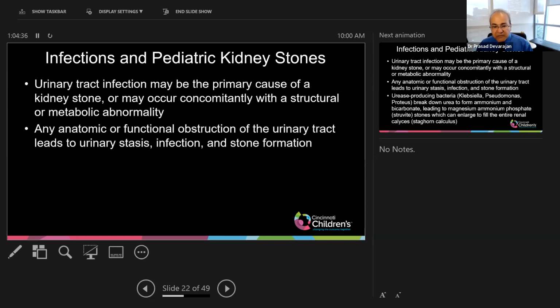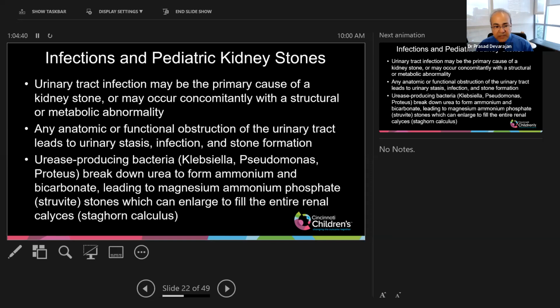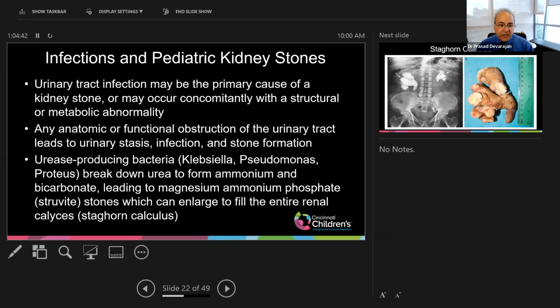But when we talk about infections, there are a couple of specific infections that I want to briefly tell you about, and that is Klebsiella, Pseudomonas, Proteus. These are urease-producing bacteria, and they will break down urea, which is normally present in the kidney and kidney tubules. And breaking down urea will form bicarbonate and ammonium, and that leads to ammonium phosphate magnesium stones, also called struvite stones.